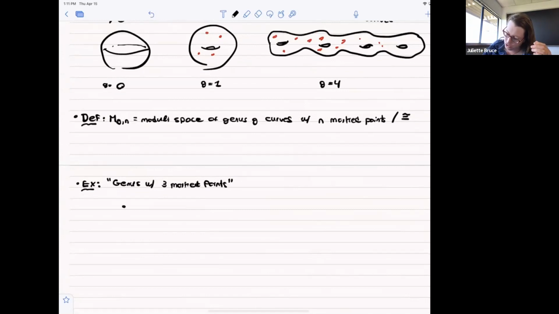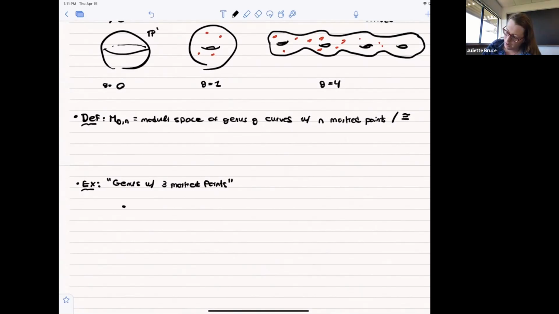In fact, there's a much stronger result. The sphere in algebraic geometry land gets the name P1 for the projective line, because we're thinking about complex dimension 1, so it's 2 dimensions over the real numbers.